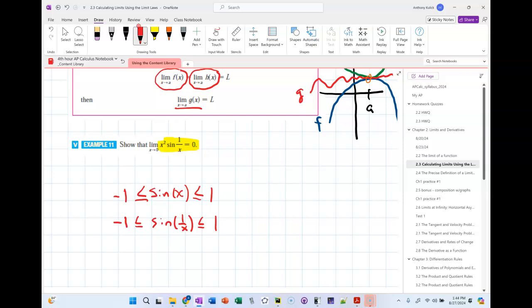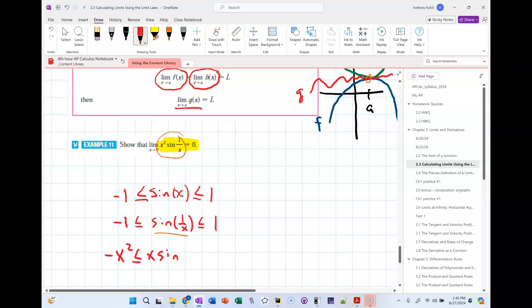Okay. Now if I compare this to what I have here, the only thing that's missing is the x squared out front. You guys see that? So I'm just going to multiply all the parts of my inequality by x squared.